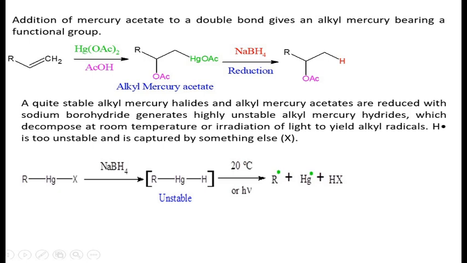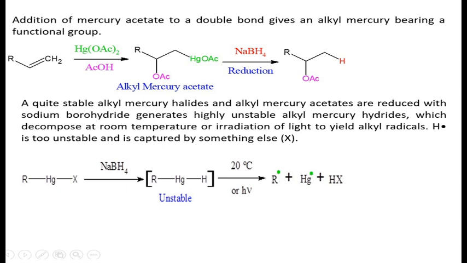Here, these alkyl mercury acetates are reduced with sodium borohydride and generate highly unstable alkyl mercury hydrides. Sorry, one mistake is there. Instead of the red colored hydrogen, there should be HgH first, and then it is the unstable alkyl mercury hydride. Then it undergoes decomposition to generate alkyl radicals.